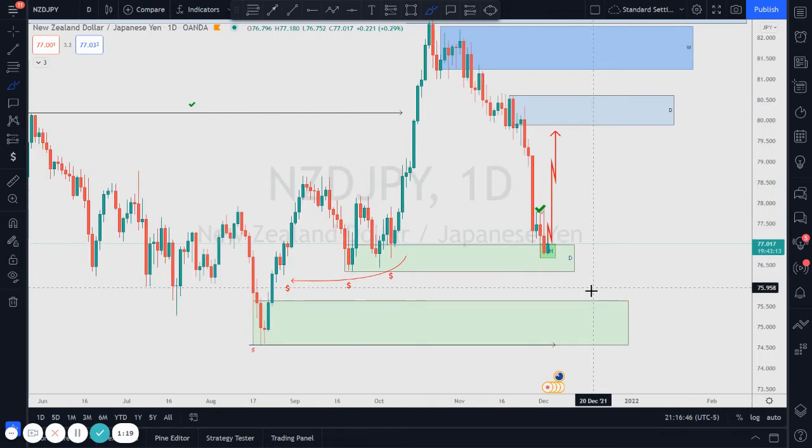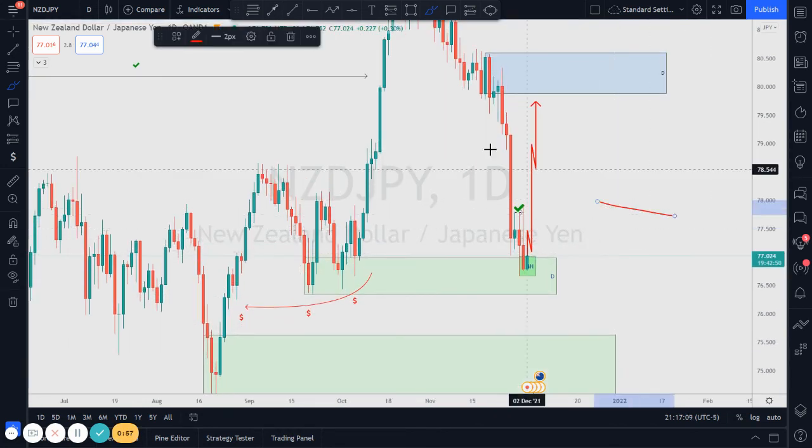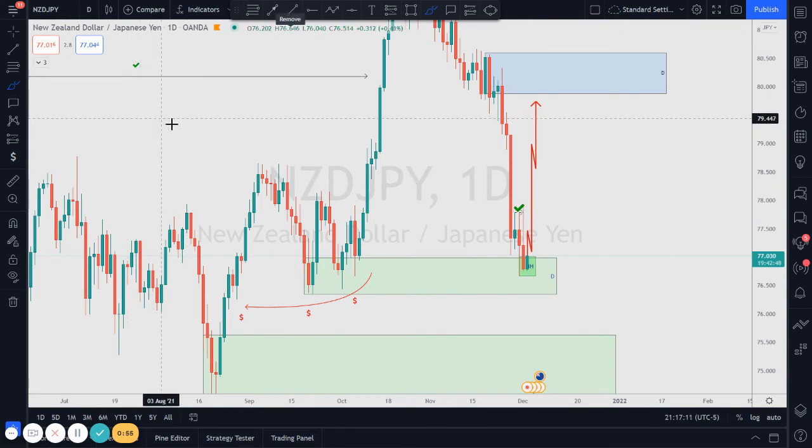It may make that turn here and come and get this after it returns to impulse. But I fear that it will take this first, because price likes to move after it gains some liquidity. That's what it takes the liquidity for, the more significant move to the upside.